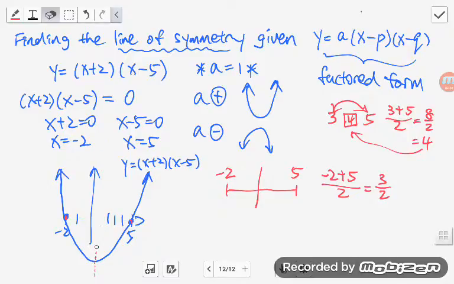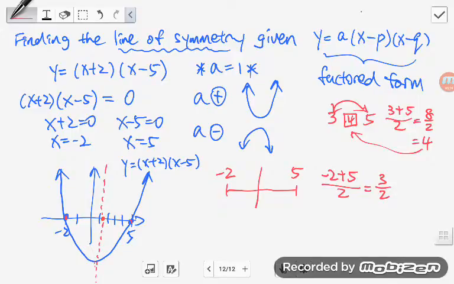And now instead of having the point there, I'm going to have 1.5, which is somewhere here. And that is my axis of symmetry.